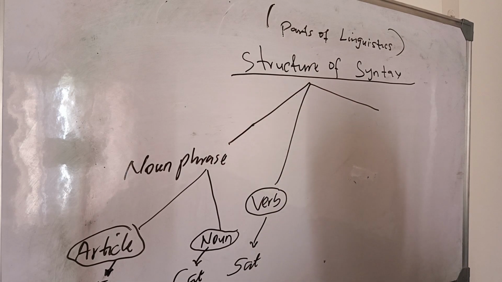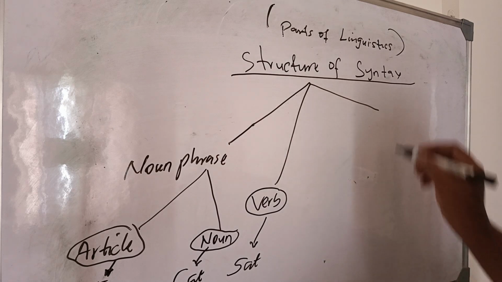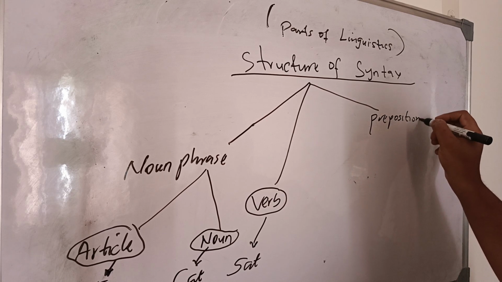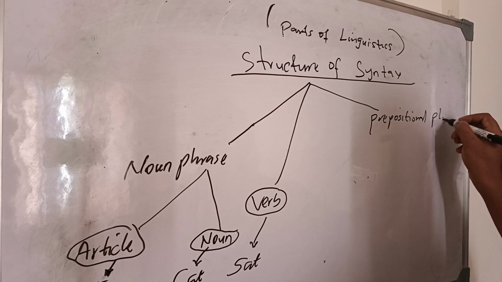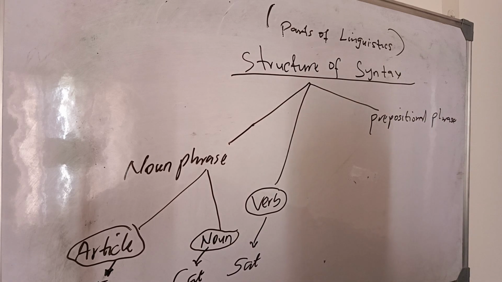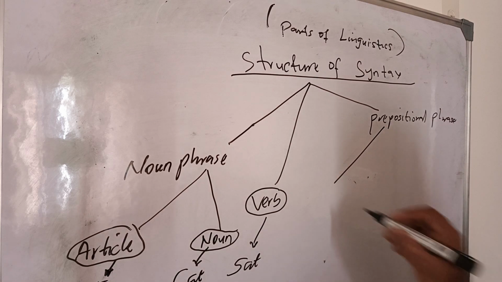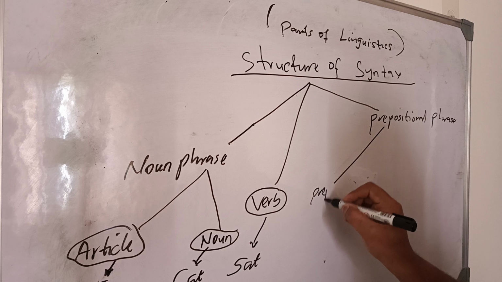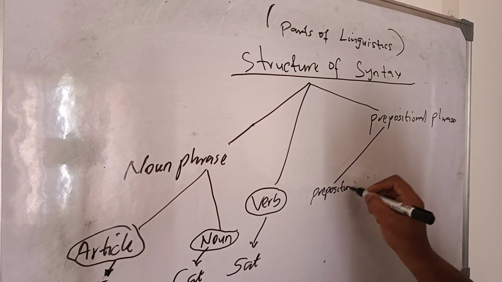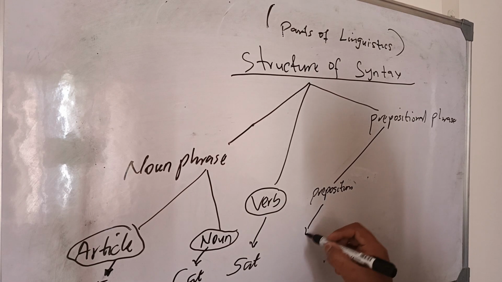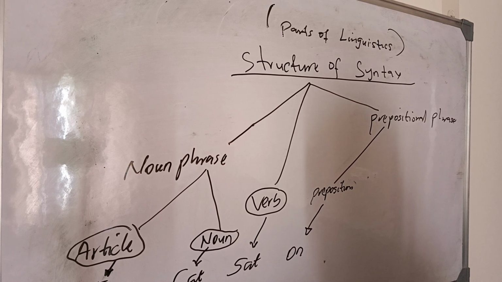Sat is a verb. So this one will have a prepositional phrase. So then the prepositional phrase has one, which is a preposition. Then it has another, which is the position, let's say on. So we are making a sentence. I hope you're understanding what I'm doing.